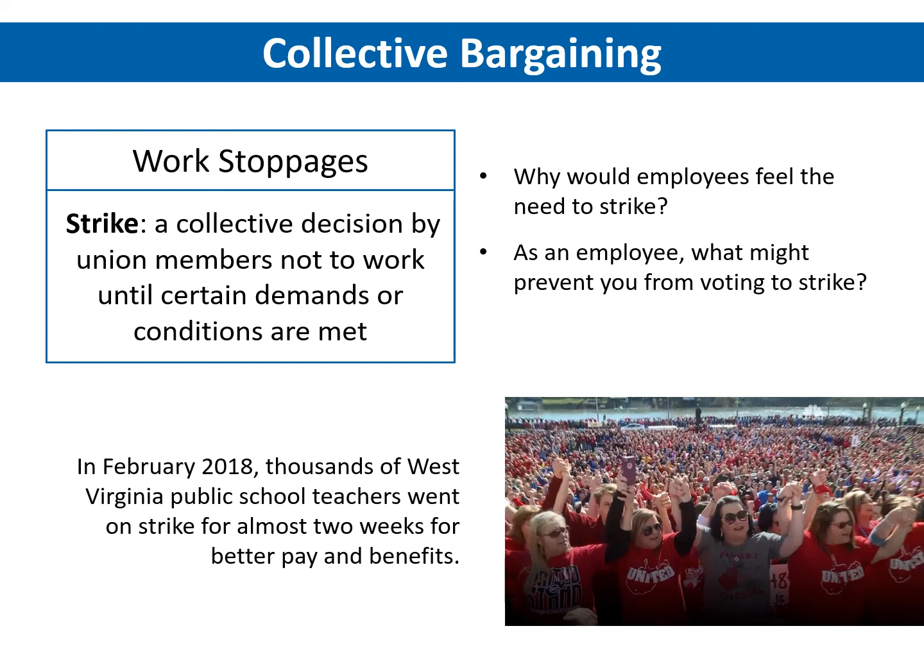Now, members of the union have to vote to authorize the strike, and typically employees don't want to go on strike because when they're not working, they're not being paid. Some factors that often contribute to employees deciding to go on strike are feeling that they're not being respected in negotiations or that the organization is not negotiating in good faith.